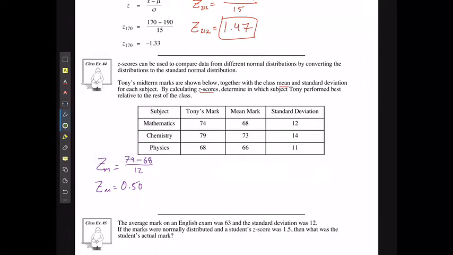In chemistry, he had a 79%. The class average was 73, and the standard deviation was 14. He had a z-score of 0.43, or 0.43 standard deviations above the class average.